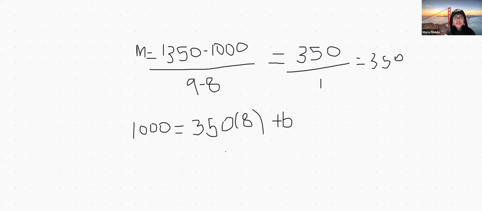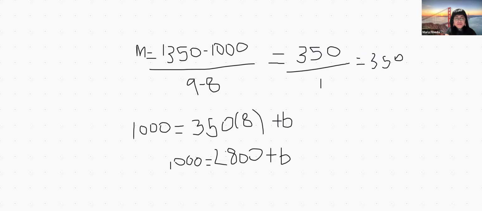Now to solve this, all you would have to do is multiply these two, so you would bring down the 1000 again, equals 2800, and bring down that b.